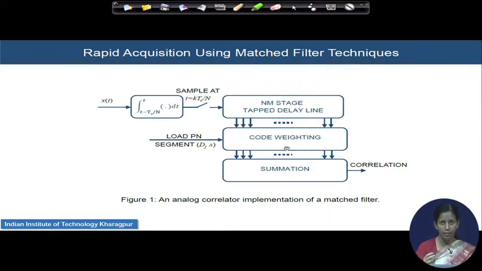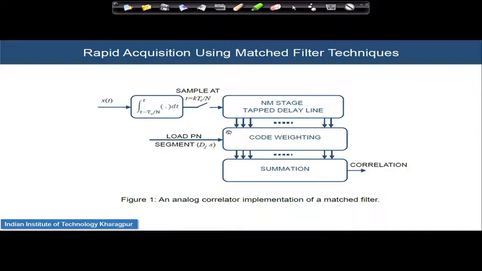You have seen there the D1 to D capital M, and there, instead of capital M, we will have capital N into capital M number of weights as well as taps inside it, and we will be changing the values of them, and after summation the correlation output will come up. So, that was the structure of the match filter there, and it is sampling at KTC by N.